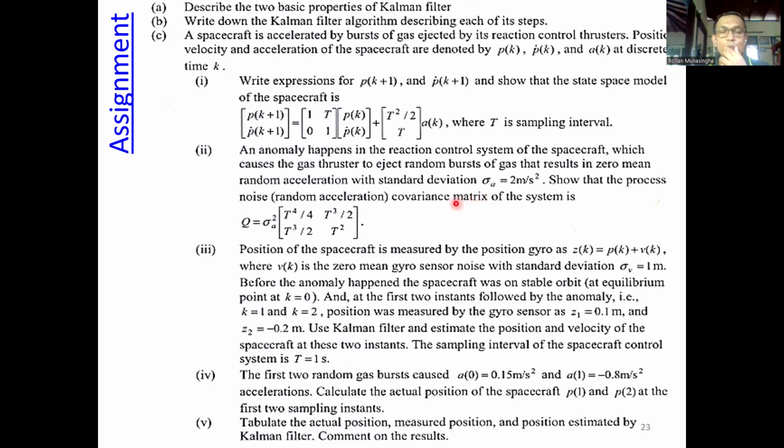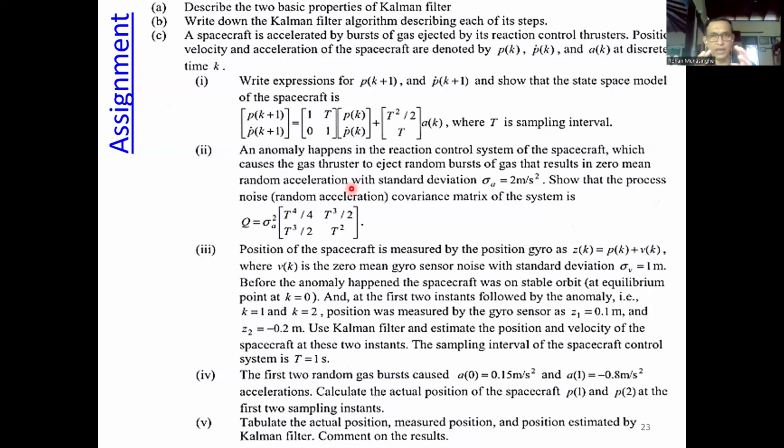Now, this random burst of gas results in a zero mean random acceleration. There's acceleration this way, that way. That is why we call it zero mean. It's not continuously drifting this way, but moving back and forth, right?